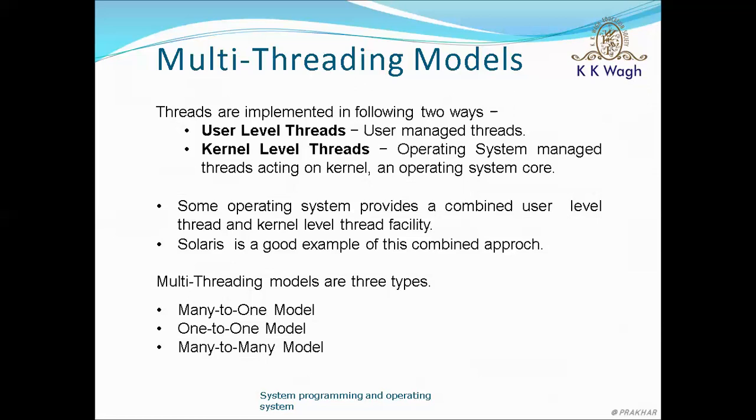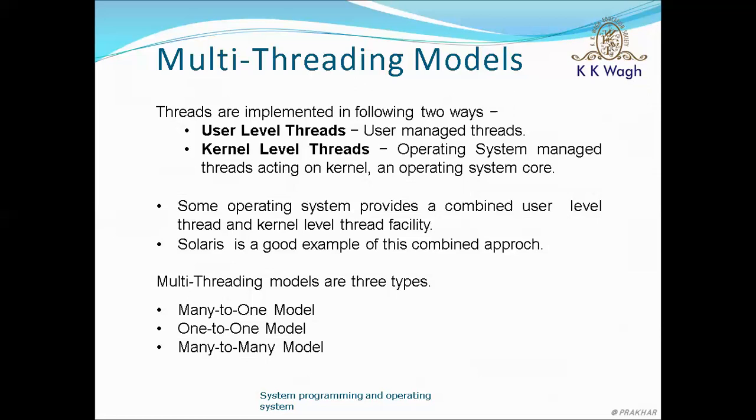The kernel creates the appropriate data structure for the new thread and assigns it an ID. The call returns with the ID of the thread. The process creating the thread can use this ID for synchronization purposes as well. Multi-threading models are of three types: many to one model, one to one model, and many to many model.